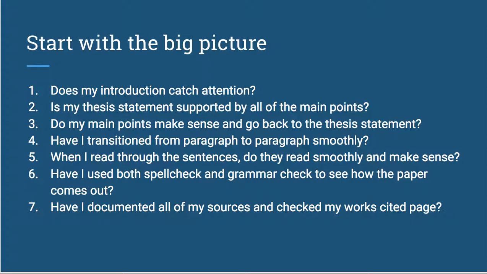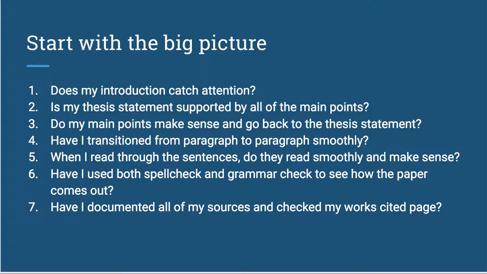Use both spell check and grammar check. Usually this is natural, especially if you're using Google Docs and spell check is already turned on. But every now and then I'll have someone who just didn't use it. Another thing to do is you could, and this was an assignment in the class, you could go to, it's not Turnitin.com. Now suddenly I can't think of the name of it.